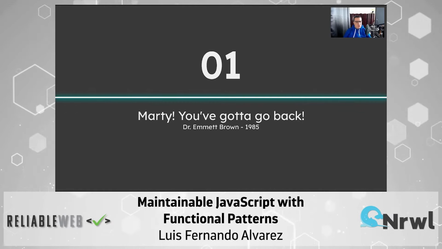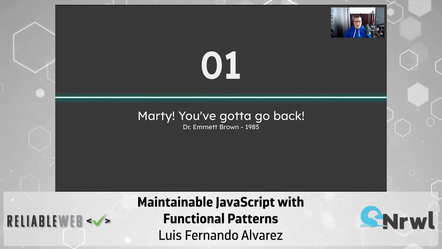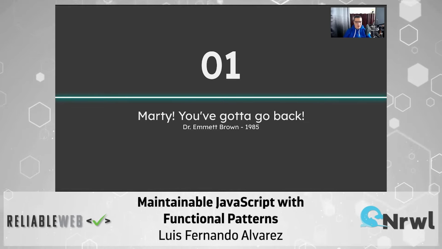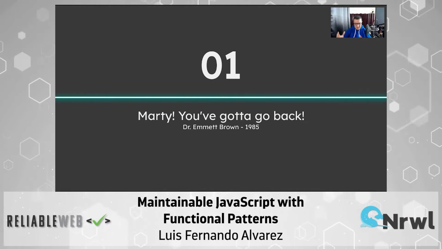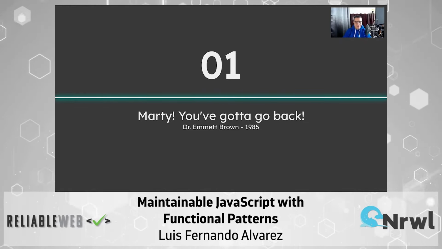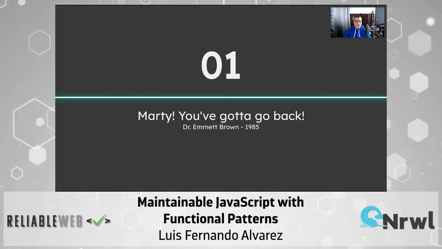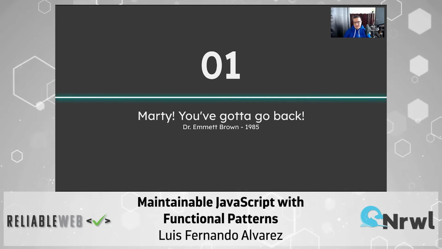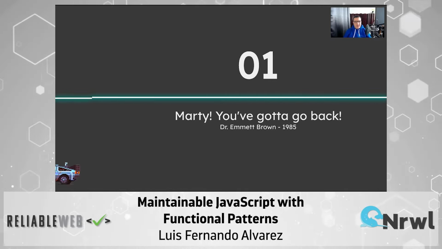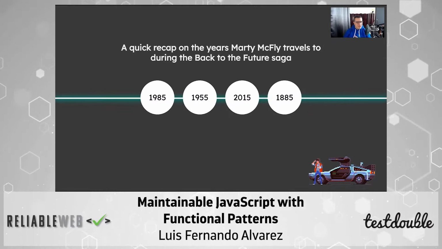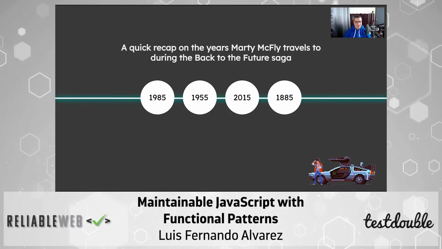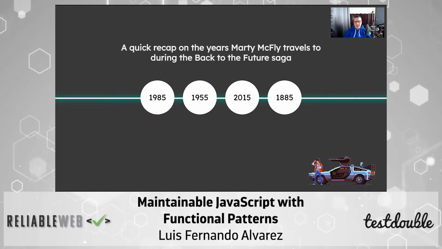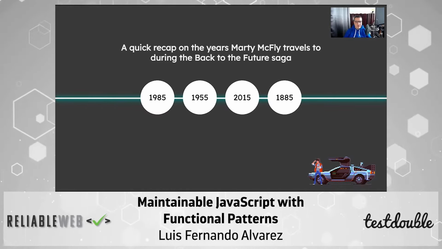So first of all, I would say that I was born in 1985, where Back to the Future happens, right? And this is one of my favorite movies of all time. And in the movie, they visit a lot of years, right? 1985, 1955, 2015, and 1885.